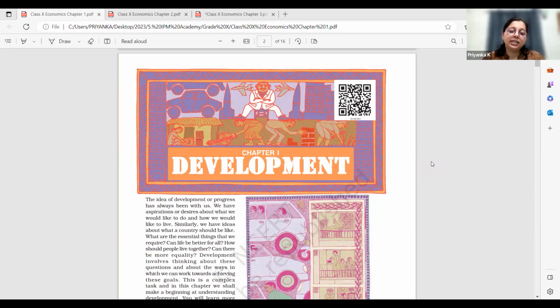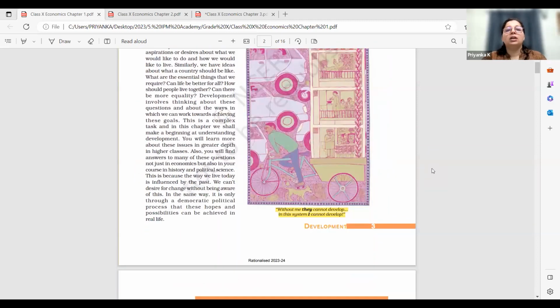So the basic thing about development that we need to understand in economics is that it differs from person to person, it differs from society to society, and because of this, it differs from nation to nation. So that is the introduction aspect covered in this chapter.